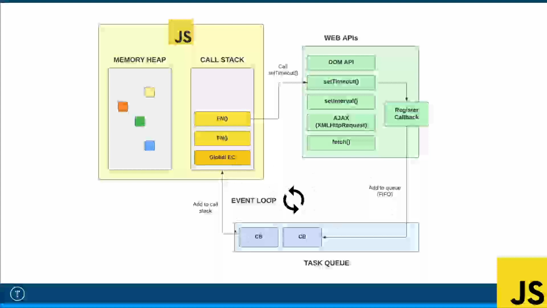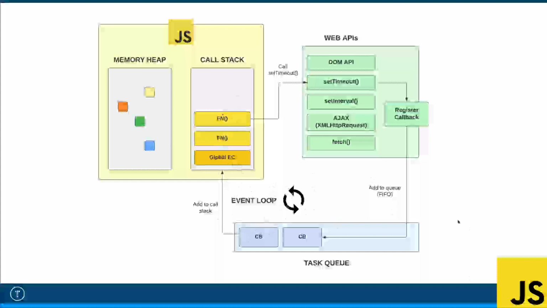Okay, so first in, first out. You can think of the event loop kind of like one of those revolving doors at the mall that just keeps spinning. When there are people, it lets them in and then lets them out the other side. So that's kind of what we're doing here. When the call stack is empty, the event loop lets in the next callback, spins around, and puts it in the call stack to get executed just like any other function.